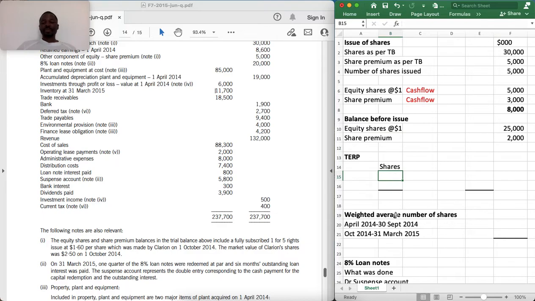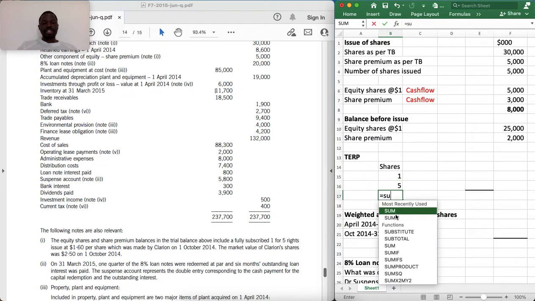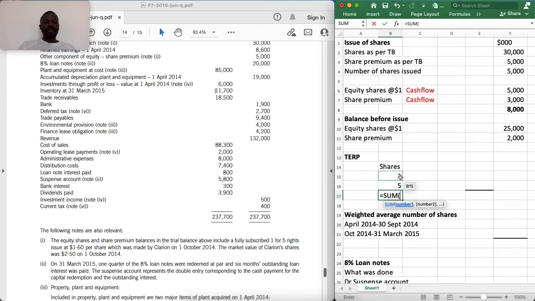Now, how much was issued? 1. How much was there before? That's 5. So each shareholder had a portfolio of 5, which is now a portfolio of 6. Then how much was the market value of the shares?